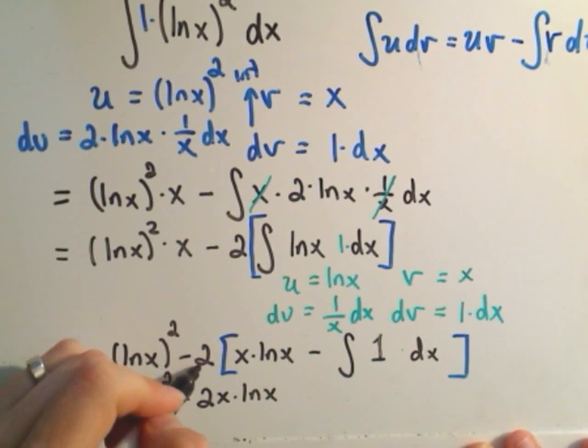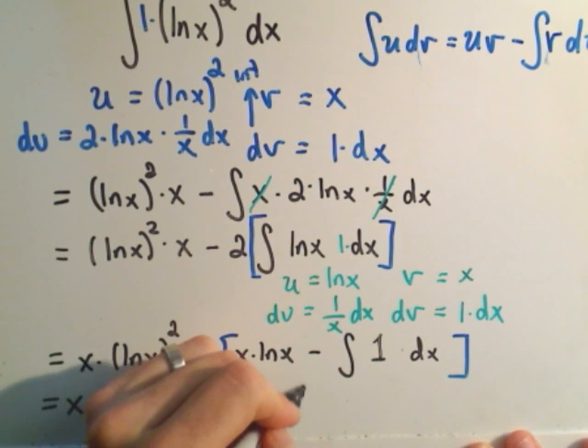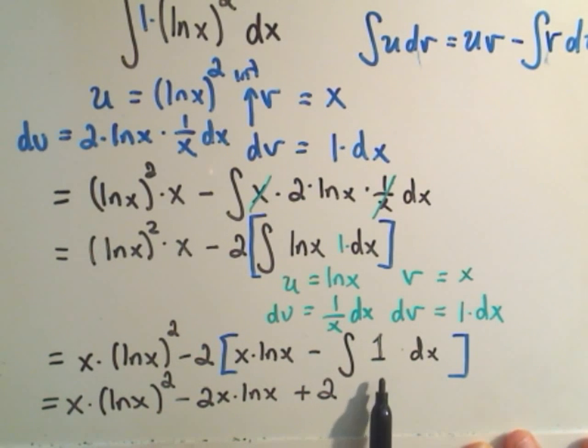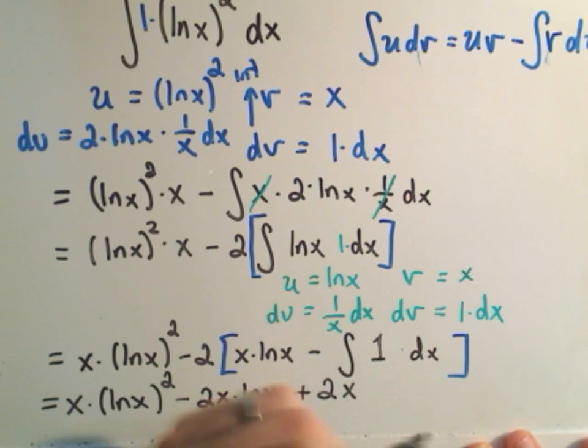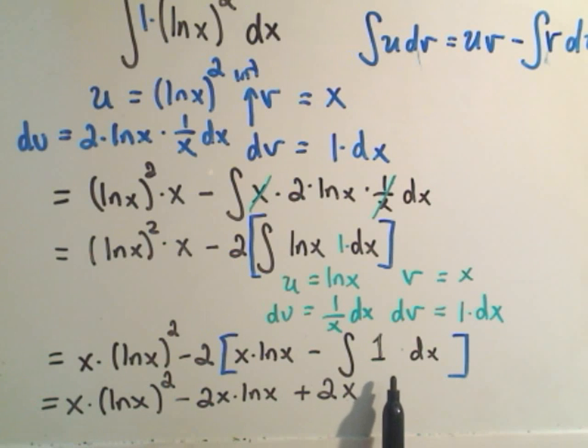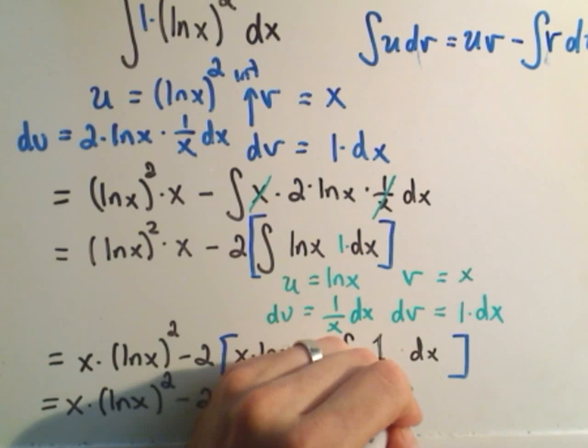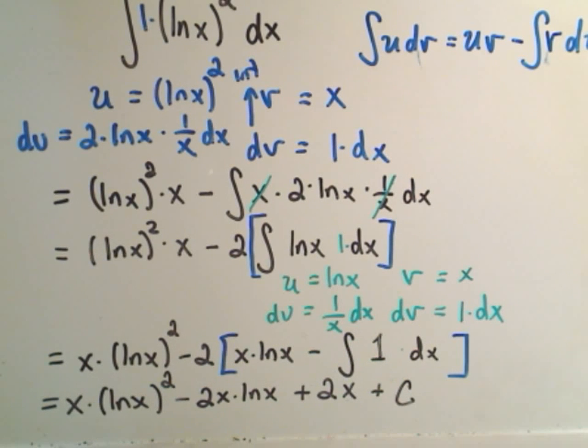Notice if I distribute the negative 2 to the minus, I'll get positive 2. If I integrate 1, I'll get simply an x term. And now everything has been integrated. I integrated the last part, I distributed the negative 2 to it, there's no more integral signs in there, so we'll tack on our plus c, and that will be our final answer.